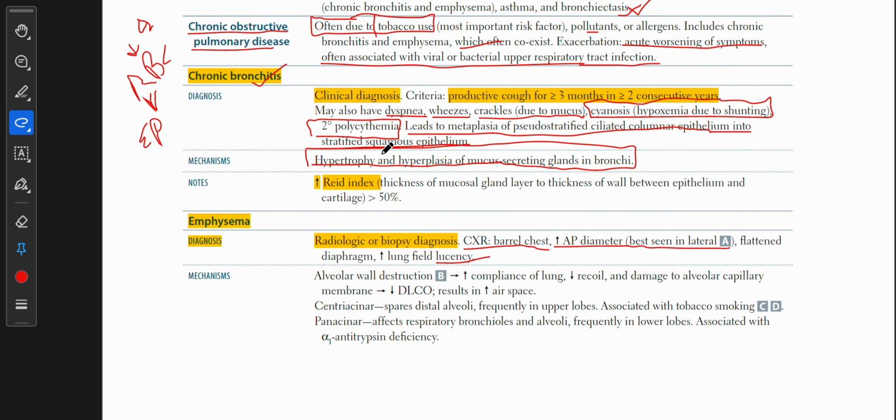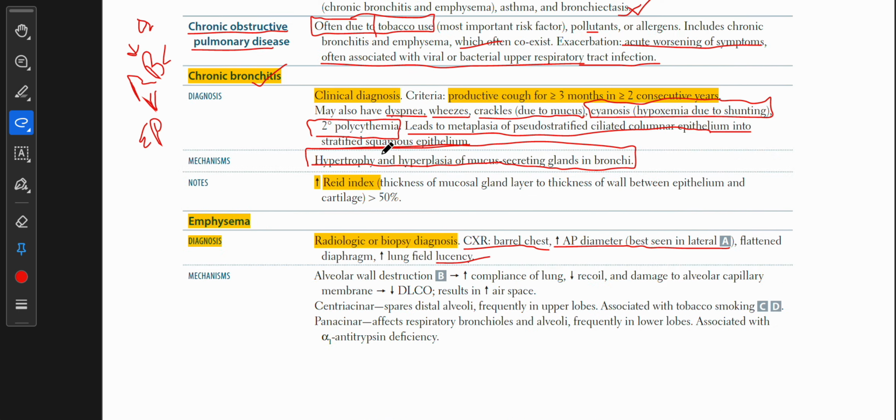The mechanism of emphysema is alveolar wall destruction, which leads to increased compliance of the lung, decreased recoil, and damage to the alveolar capillary membrane that causes decreased DLCO. Decreased DLCO results in increased air space. So basically, the feature here is the permanent dilatation of alveoli.